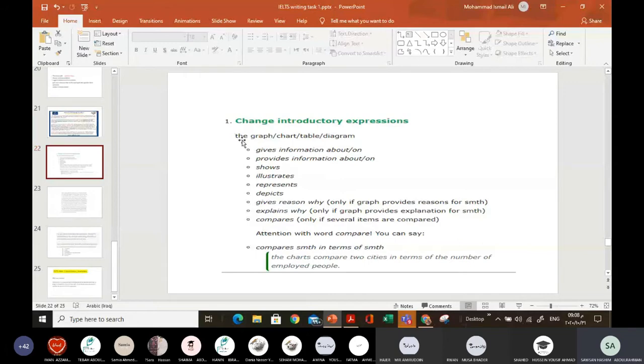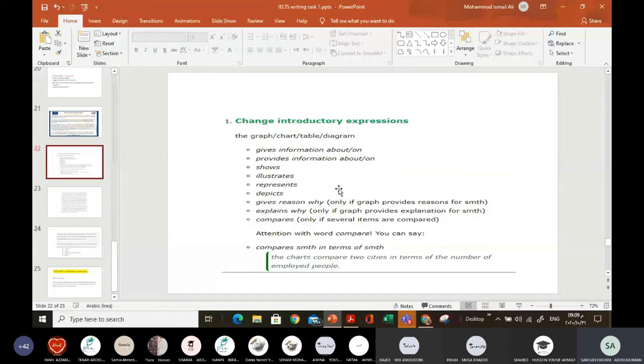When you start writing, you write the graph, the chart, the table, the diagram gives information about or on, or provides information about or on. The graph, the chart, the table, the diagram shows information about. Illustrates information about.